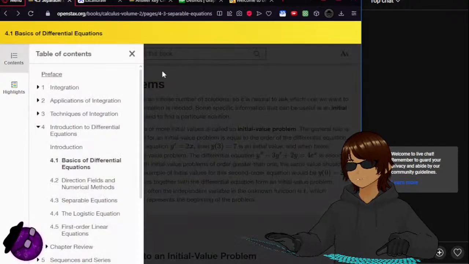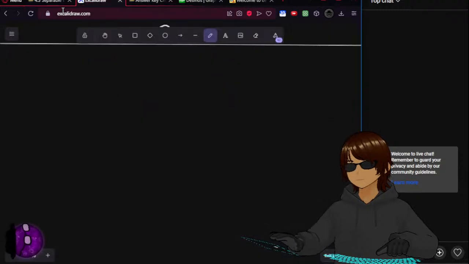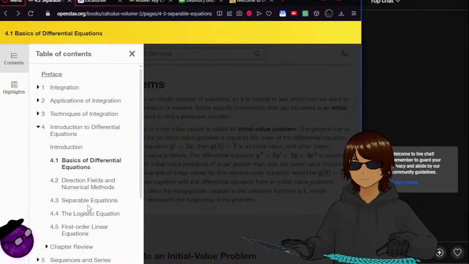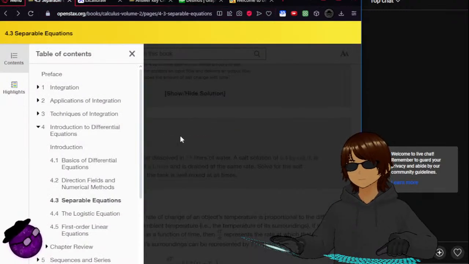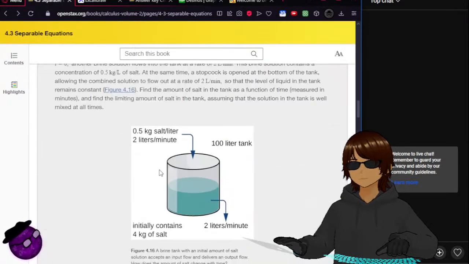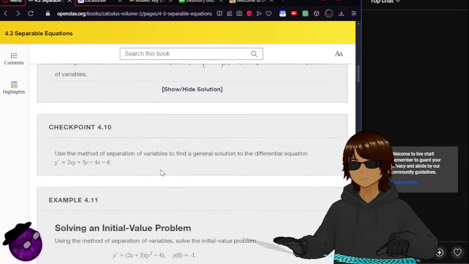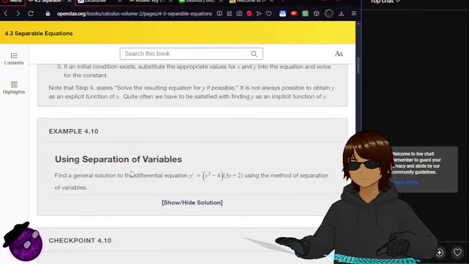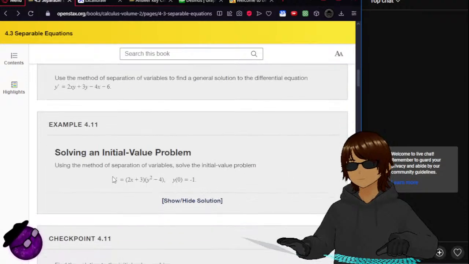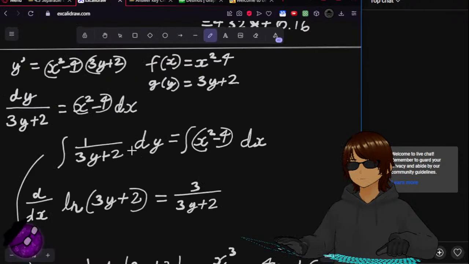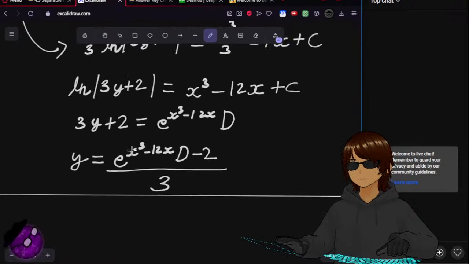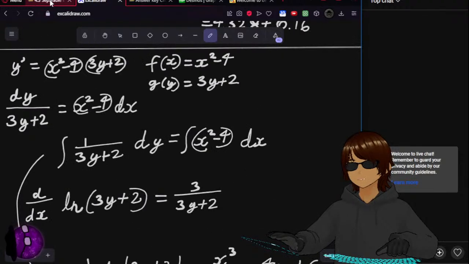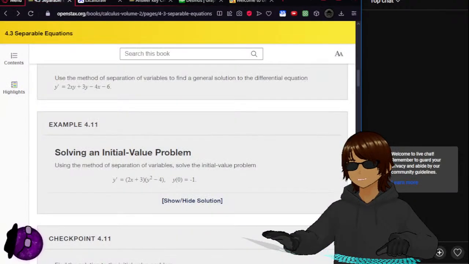Okay, let's do the other question. Derivative of y is equal to 2x plus 3 over y squared minus 4.